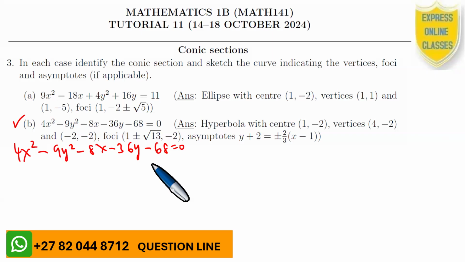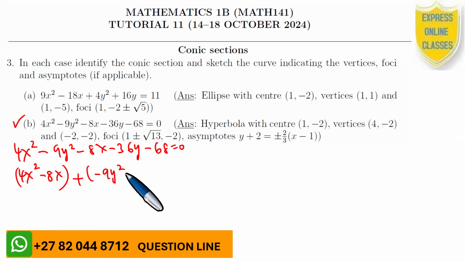We put the x's together: 4x squared minus 8x. We group the y's together: minus 9y squared minus 36y is equal to 68.